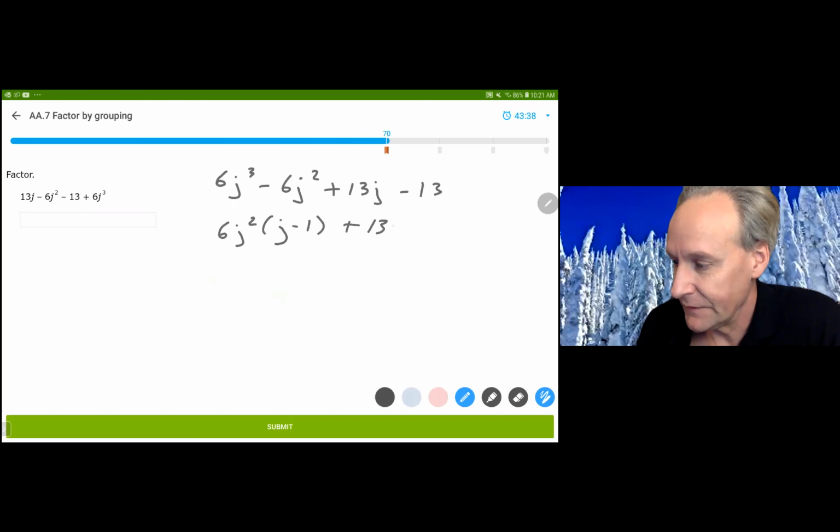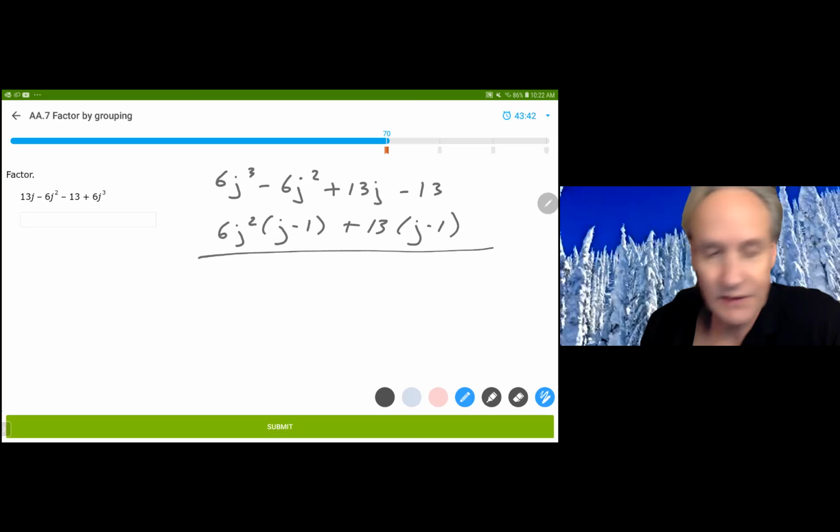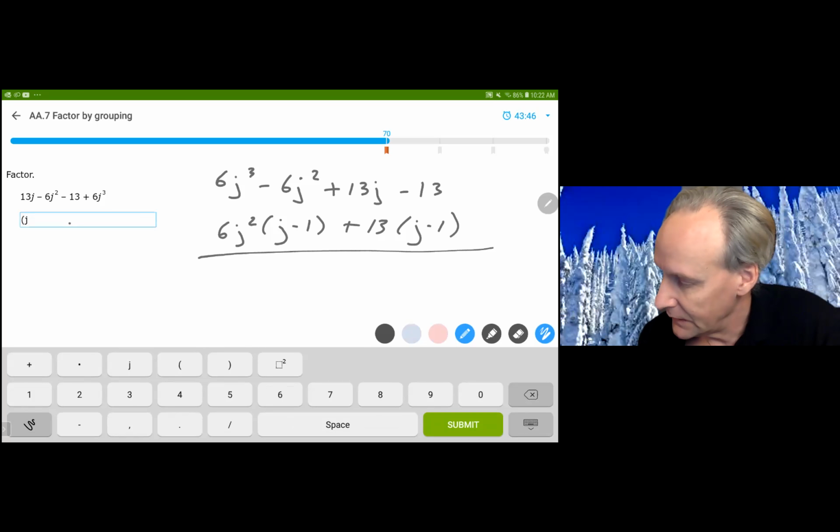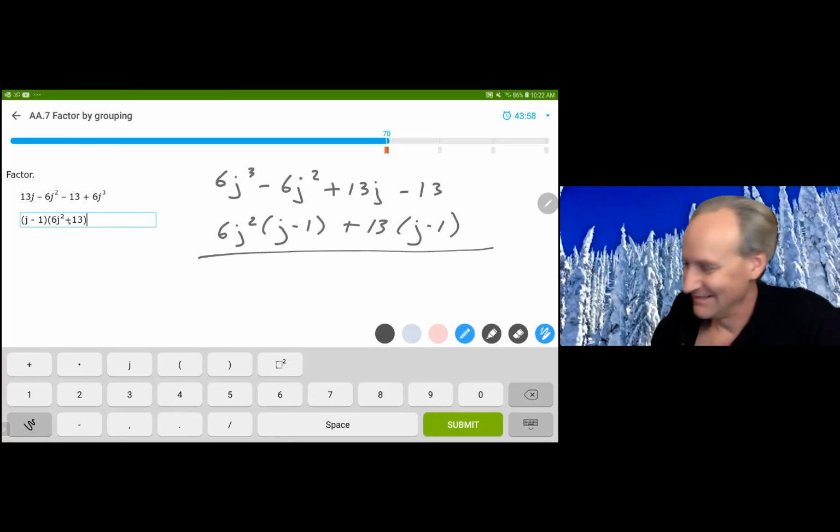And we'll take out the 13, and we get a j minus 1. And we're done. I'm going to take out the j minus 1 in my head. J minus 1, and we get a 6j squared plus 13. There it is.